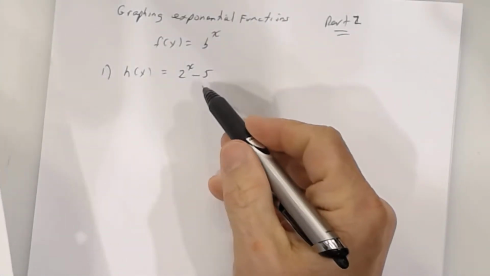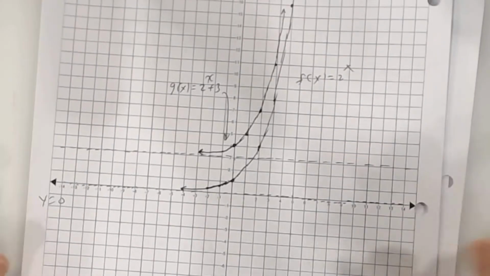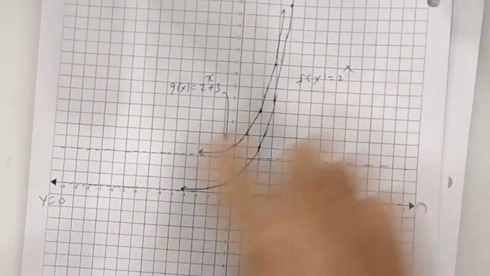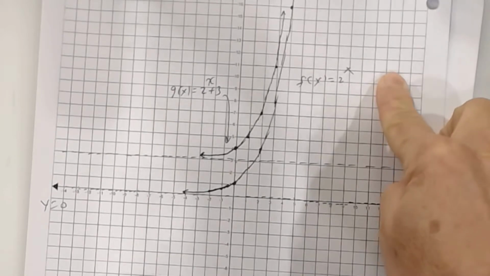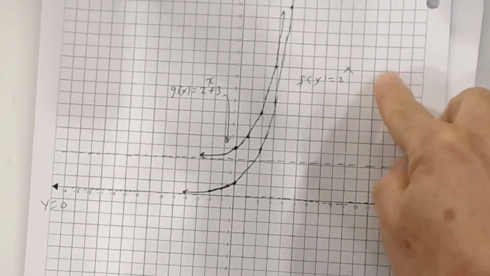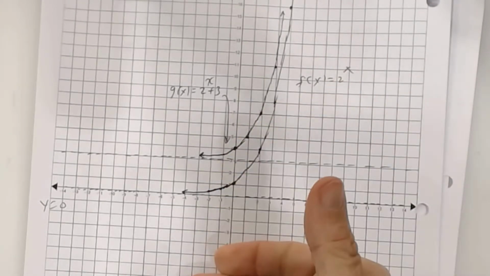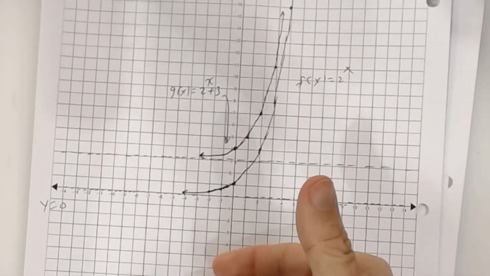So if I graph 2 to the x minus 5, and I look at the graph of 2 to the x, how can I get the graph of 2 to the x minus 5 from the graph of 2 to the x? Bring it down 5. Shift everything down 5.